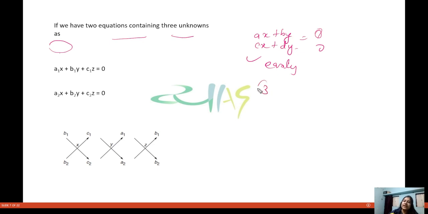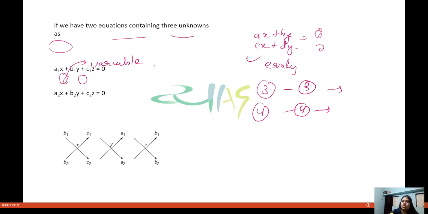If we have three equations and three unknowns, we can solve that. If we have four equations and four unknowns, we can solve that. So to find each variable, we need as many equations as there are unknowns. Always remember this, because this is very important in data sufficiency type questions.